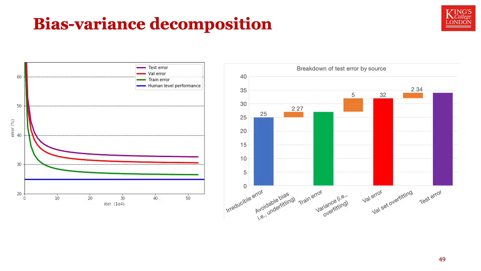So if all of the data comes from the same exact source, then you basically end up with a series of errors. The first of them is that there is an irreducible error, which is the error that your human level performance, or your humans themselves, have. So if humans, for example, make the wrong decision 25% of the time, and you're using your humans as your ground truth, then you would not expect your model to be able to perform better than those 25% because your ground truth has that degree of error anyway.